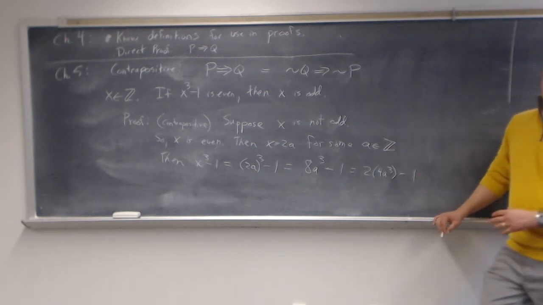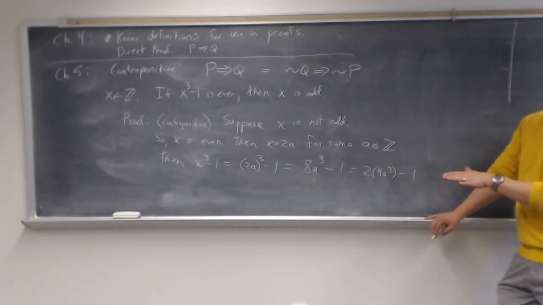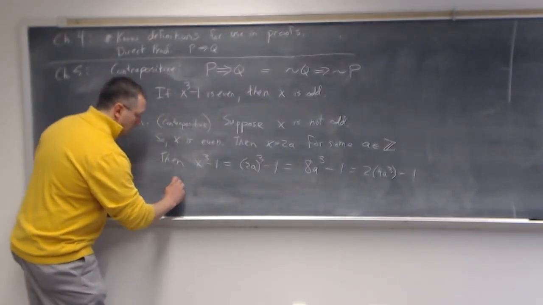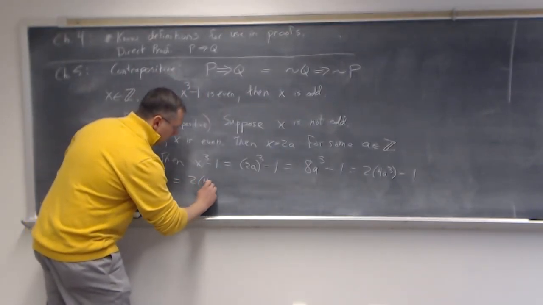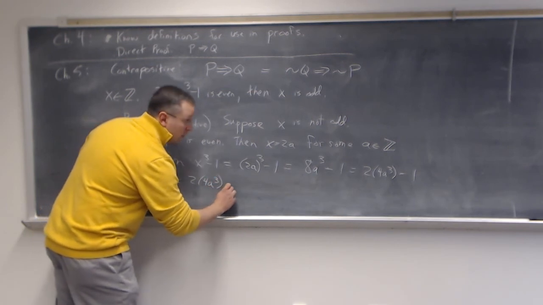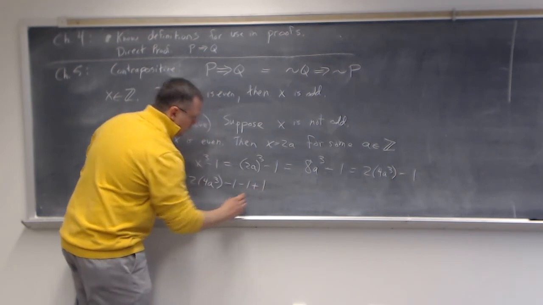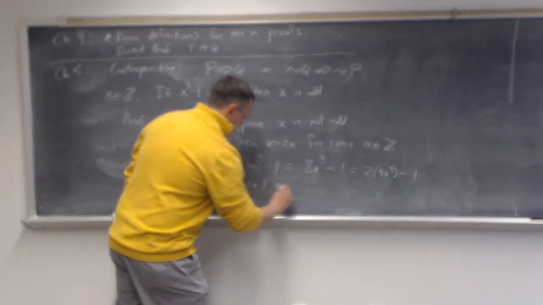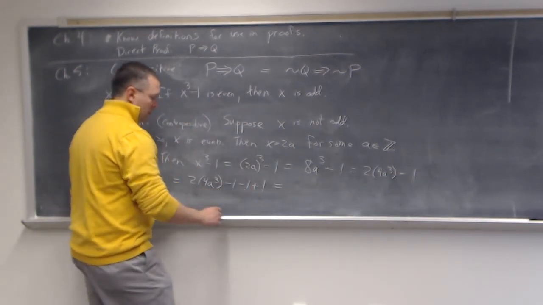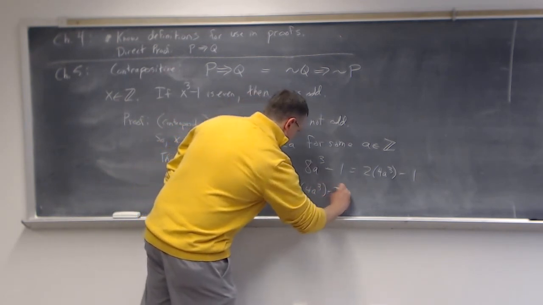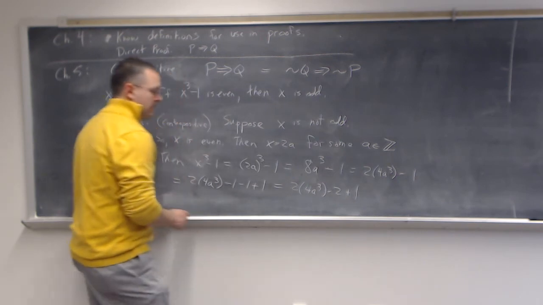This one's a little bit, I mean, I don't know. I probably would be okay right here, just saying, okay, therefore this is odd. But just to follow the letter of the law here, this equals 2 times 4a cubed minus 1 plus 1. So I'm just doing this trick, adding 1, subtracting 1. 2 times 4a cubed minus 2 plus 1.